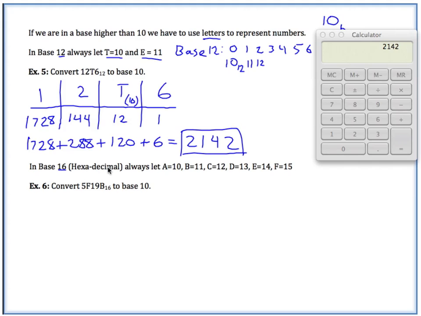Now in this case, once we get past 9, to represent 10 we use the letter A. For 11 we use B, 12 we use C, 13 we use D, 14 we use E, and 15 we use F. So if we were counting in base 16, we would just go 1, 2, 3, 4, 5, 6, 7, 8, 9, A, B, C, D, E, 15 would be F. And how do we write 16? 1, 0, base 16.